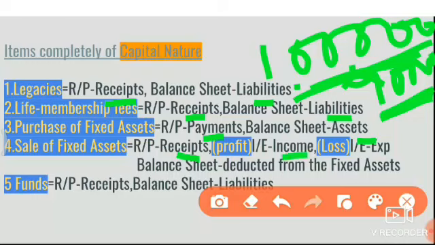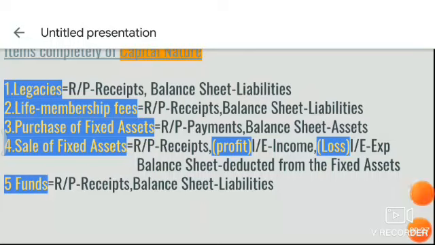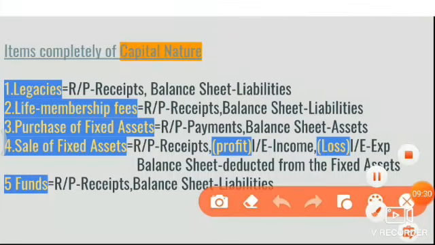But if there is a loss, then the loss will be shown as an expense towards the expenditure side of the income and expenditure account.